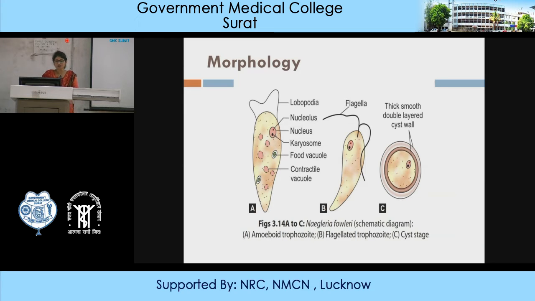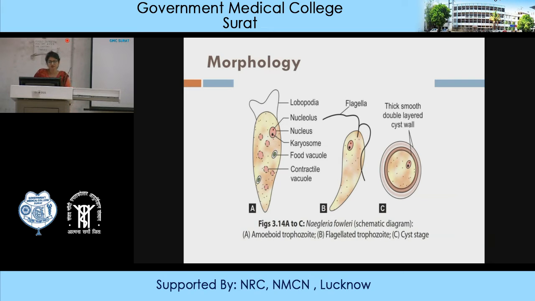This can be converted into the flagellated form once they are exposed to a change in the concentration of the ionic solution, like if they are placed into distilled water for a particular period of time, and at different temperature, they are converted into the flagellated form. So these two forms are transient forms.